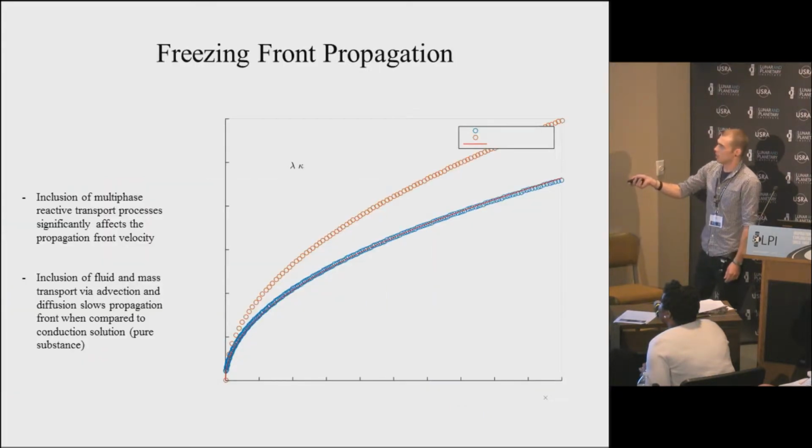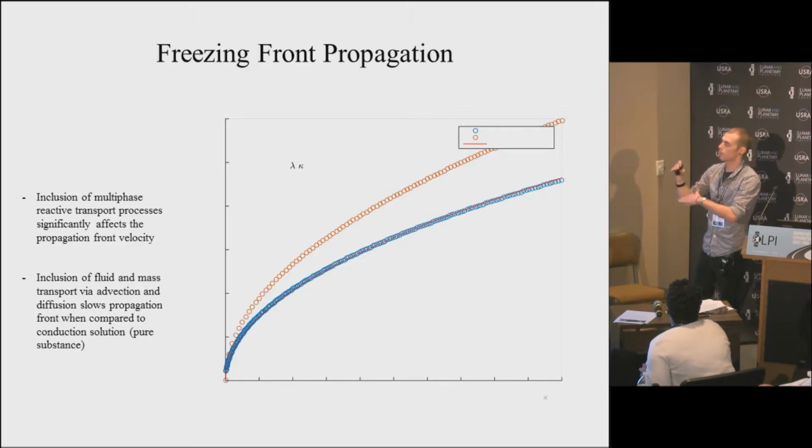Okay. One of the most important things we came up with is that there's a difference between the conductive solution, which people frequently use to estimate how long these liquid water bodies can last, and if you use this multi-phase model. This two-phase freezing front creates a thermal buffer that will slow down the propagation.